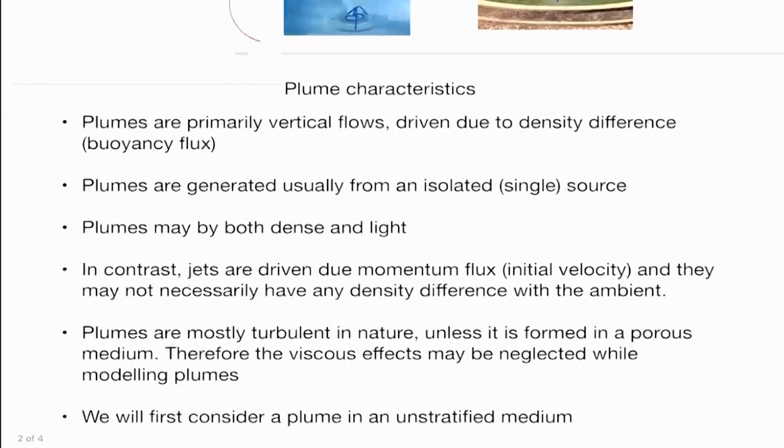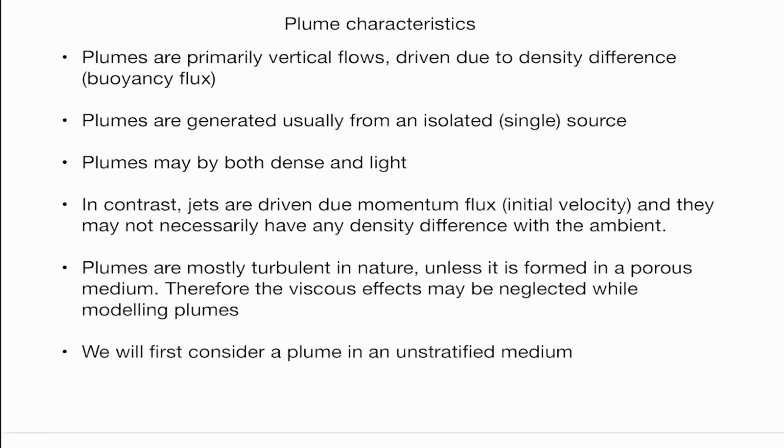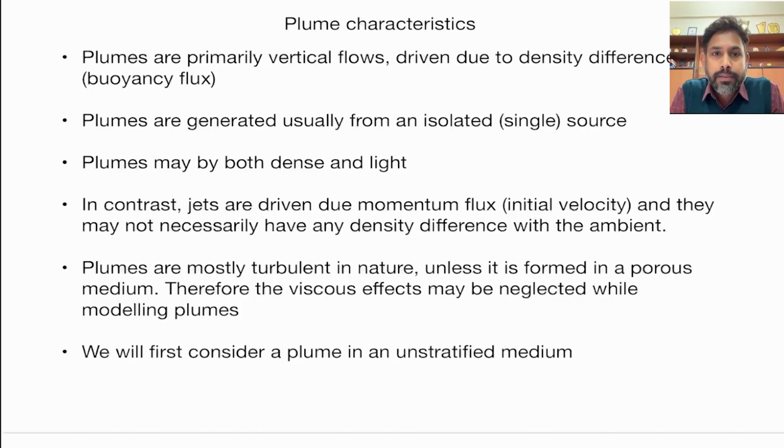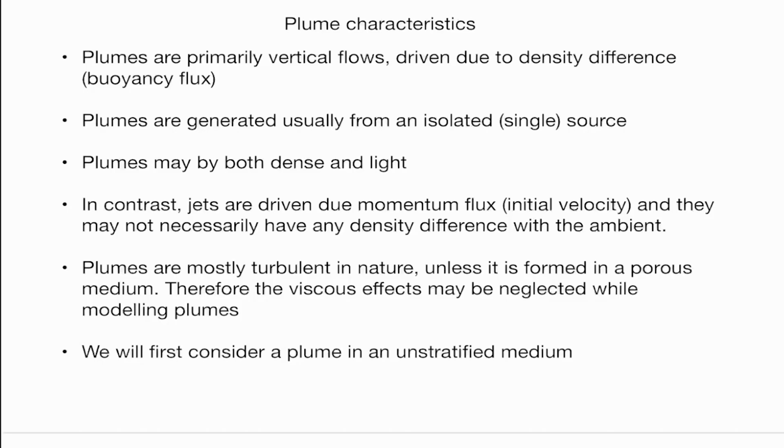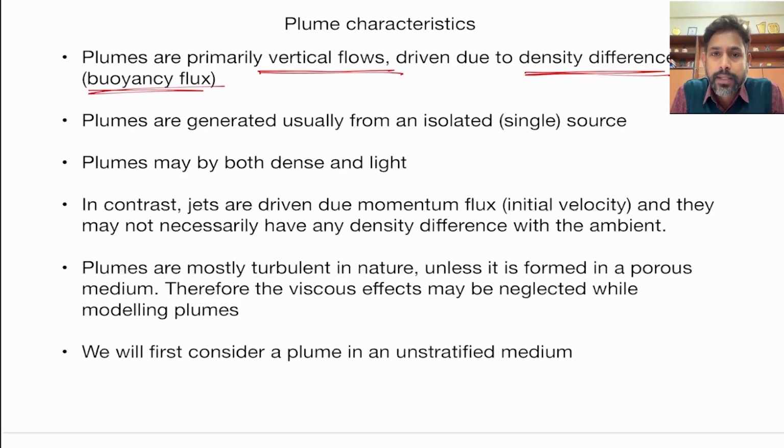So here are some more characteristics of plumes, also in comparison with jets. First of all, plumes are primarily vertical flows, driven because of density difference, which is also generally known as buoyancy flux. Whenever there is a density difference, there is a buoyancy difference, or there is a buoyant force, right? And that is why flow is mostly in the vertical direction, because buoyancy force acts in the vertical direction.